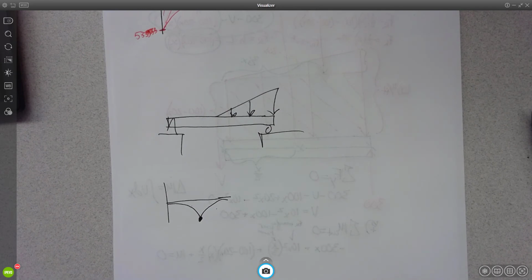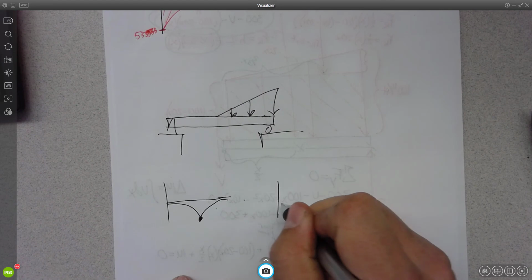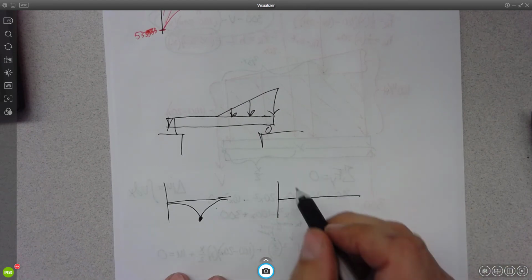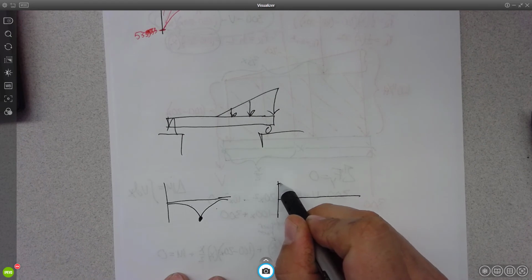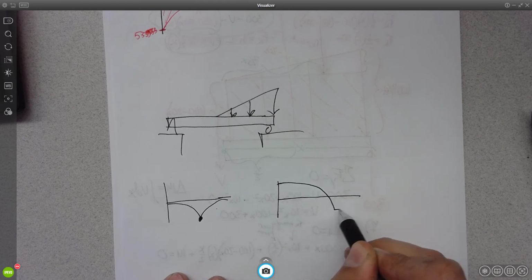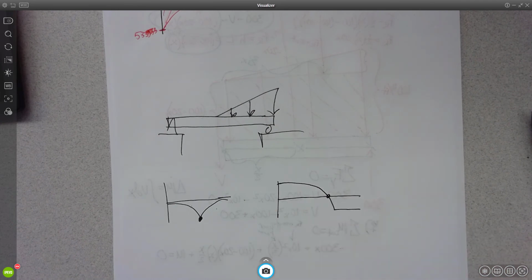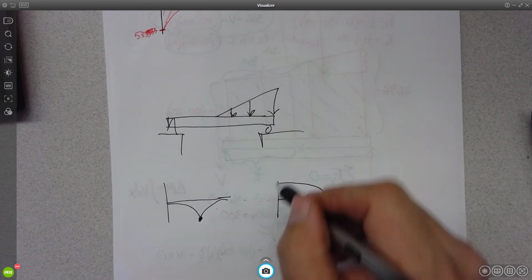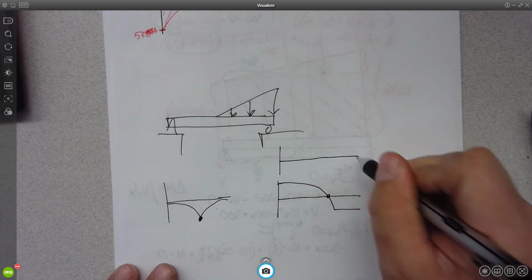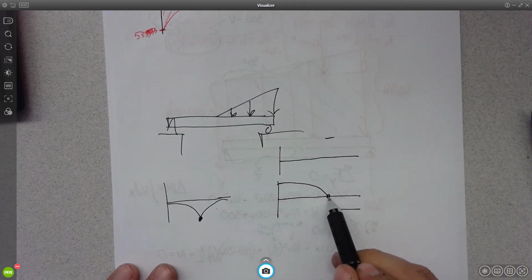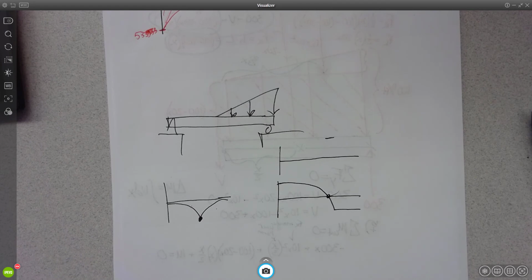I won't ask you on the exam to find that point, but I will expect that in your graph of the shear, there's a flat spot that corresponds to that, or vice versa.